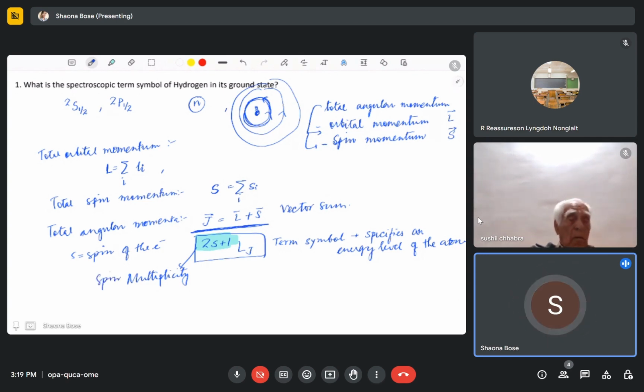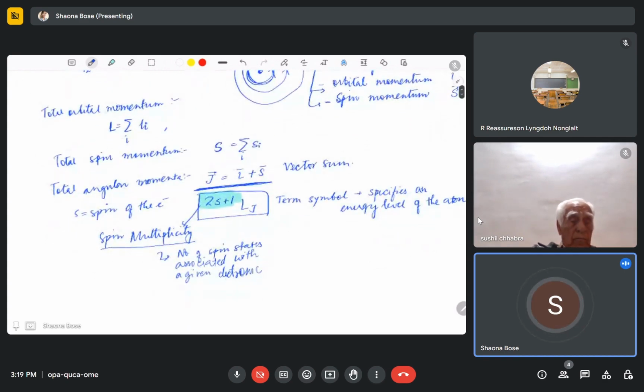So what does this tell us? The number of spin states associated with a given electronic state.